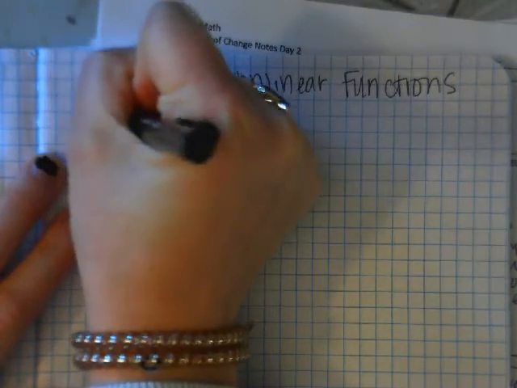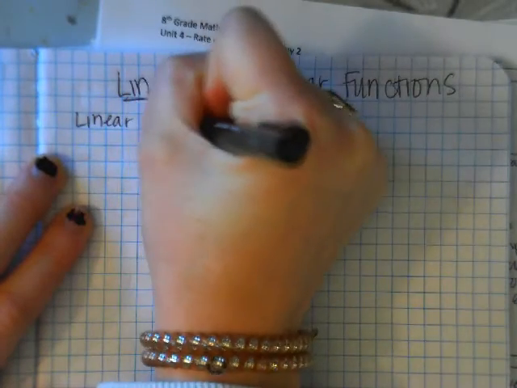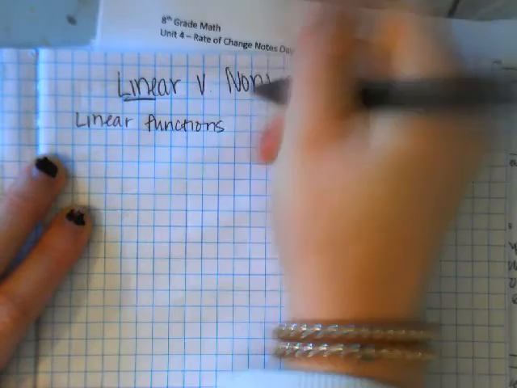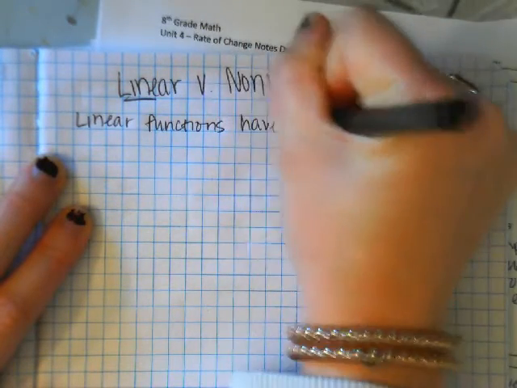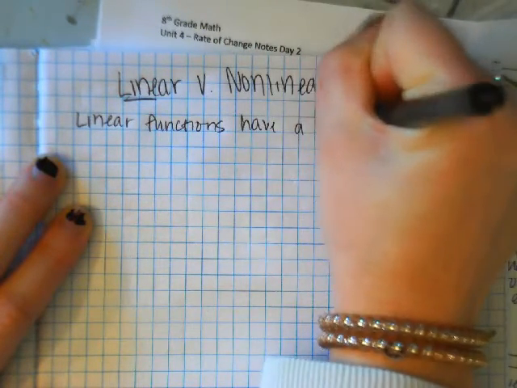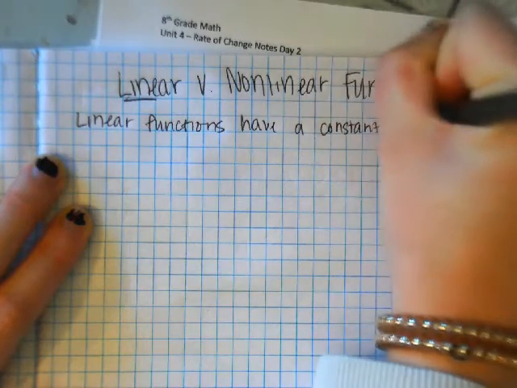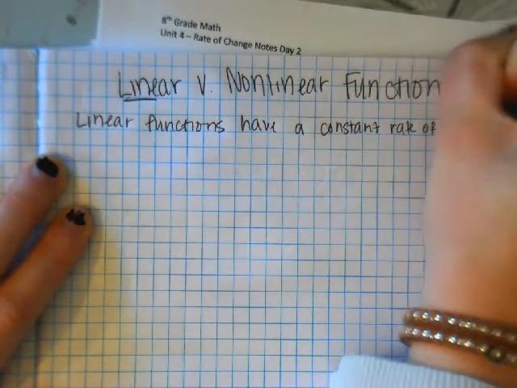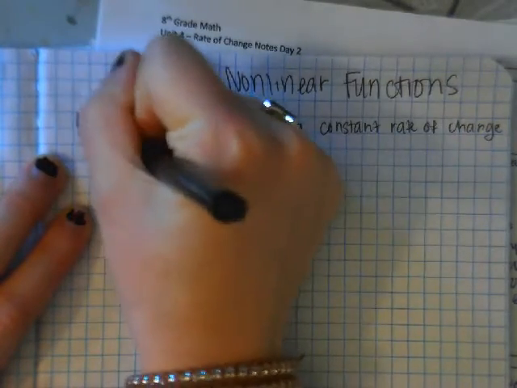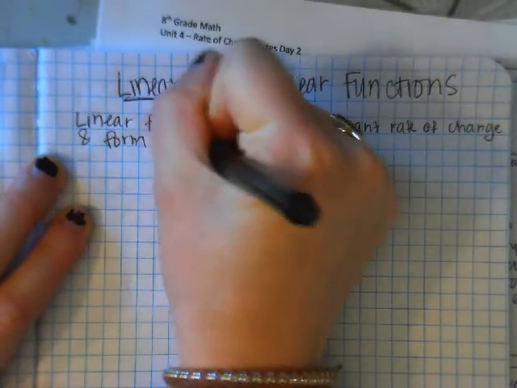So linear functions have a constant rate of change and form a line.